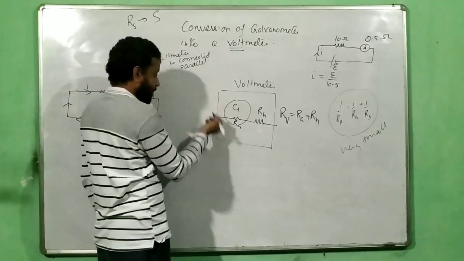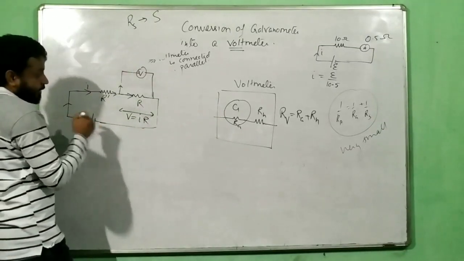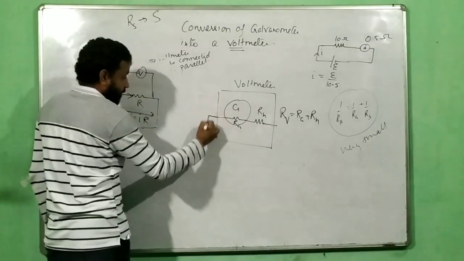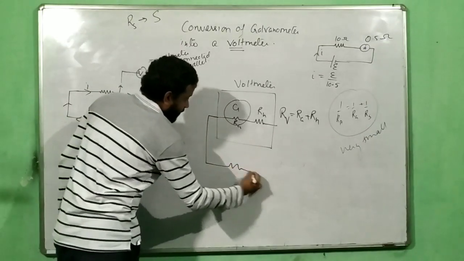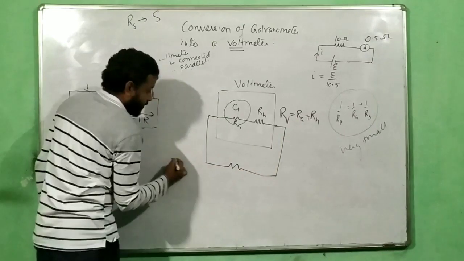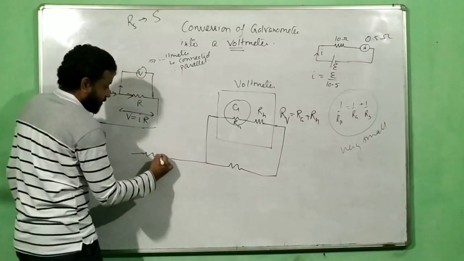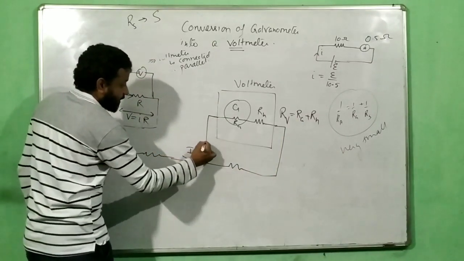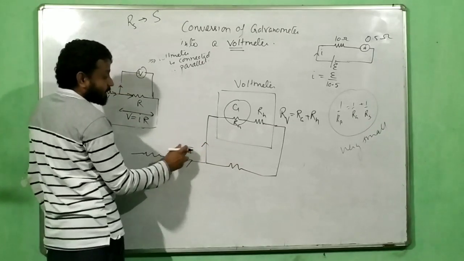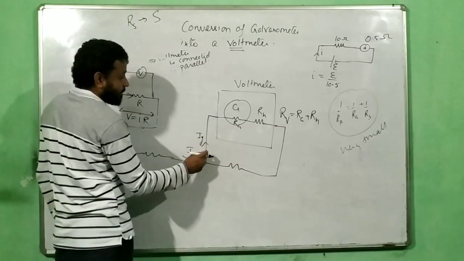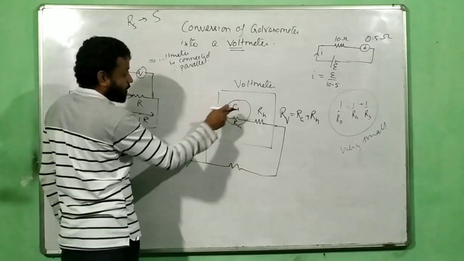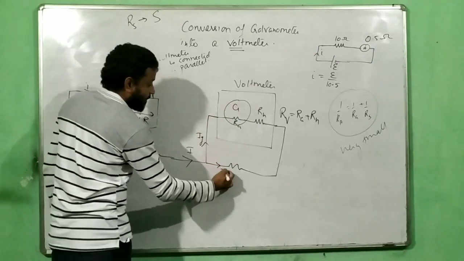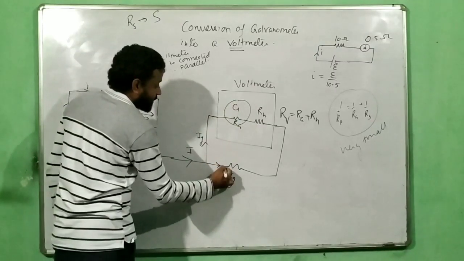Okay, now, this is my current I. So when this current is maximum, let us say that this is also maximum, and that maximum current, because it's going to the galvanometer, has to be Ig. So remaining is how much? I minus Ig.